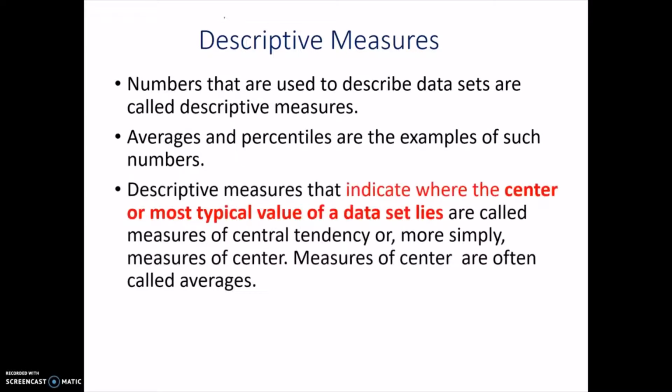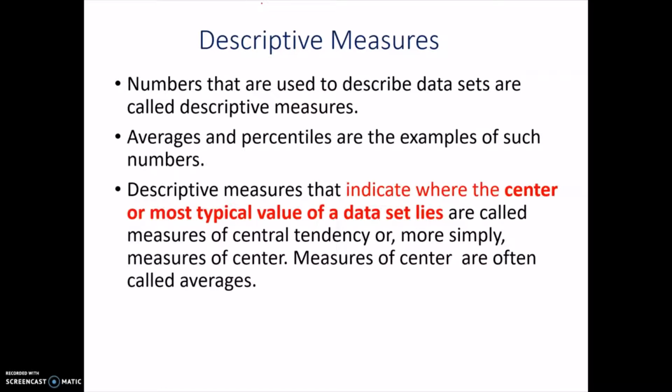Now we talk about the measures of central tendency. These are the descriptive measures which indicate or tell you where the center of the data set is, or where the most typical values of the data set lie. It is the point where most of the values are clustered, right? Such descriptive measures are called measures of central tendency, but we happen to be lazy, so we just say measures of center.